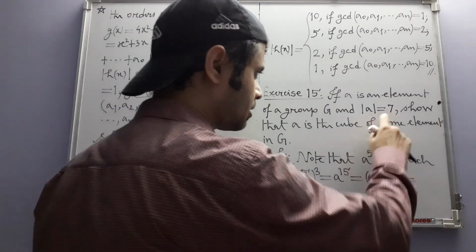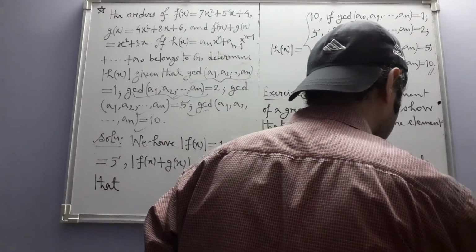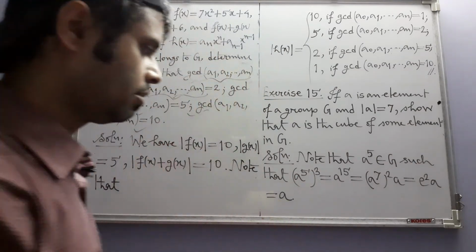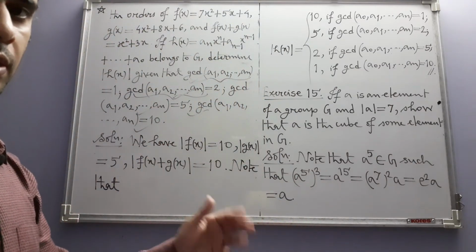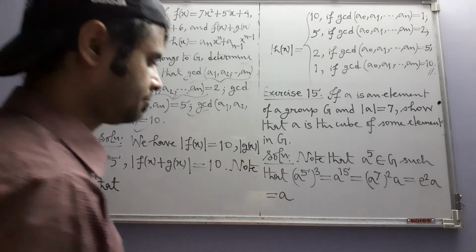Now since the order of A is 7, A to the power 7 is identity, so this is equal to A. So the fifth power of A is an element whose cube is equal to A.